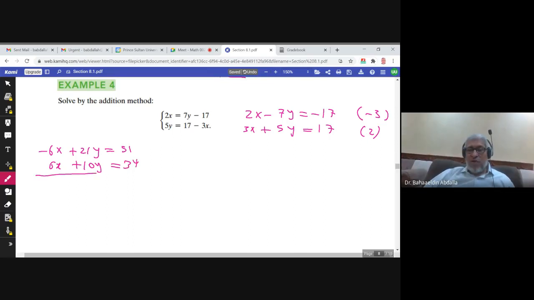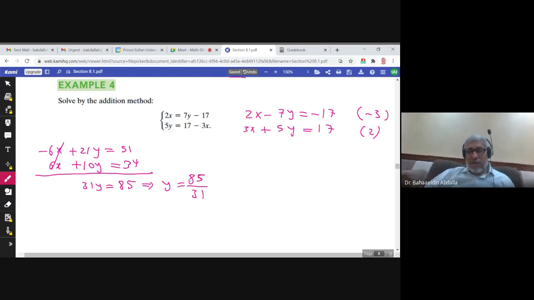Now you have the coefficients of x differ in sign. So if you add, you will have 21 plus 10, that's 31y, and 34 plus 51, that's 85. Now y is 85 over 31, and that's what he meant by a messy fraction.